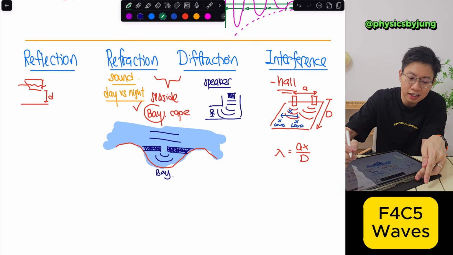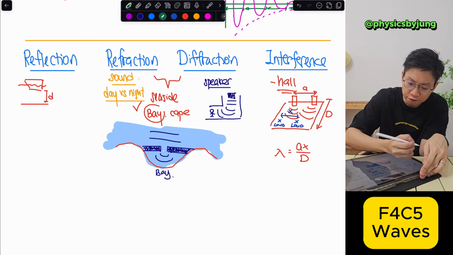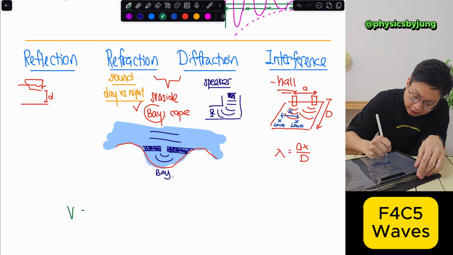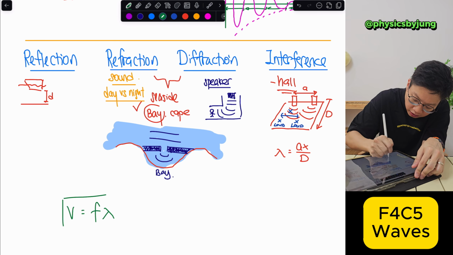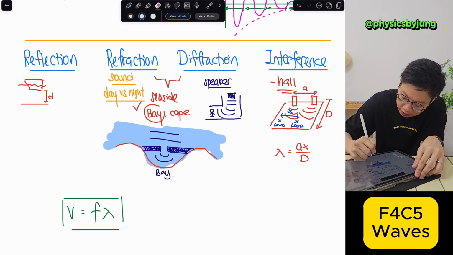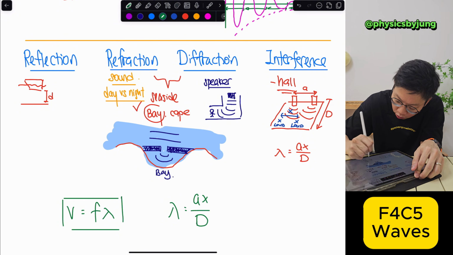To do a mini conclusion on the four phenomena, first of all, you have to know that the formulas related to this chapter are only two things. There's v equals f lambda, and lambda equals ax over d.